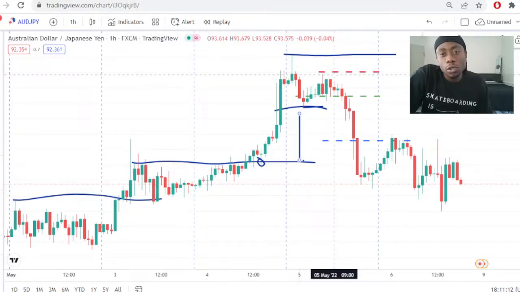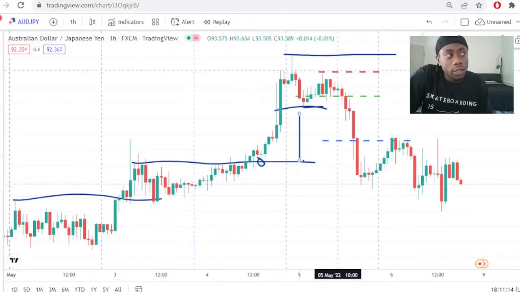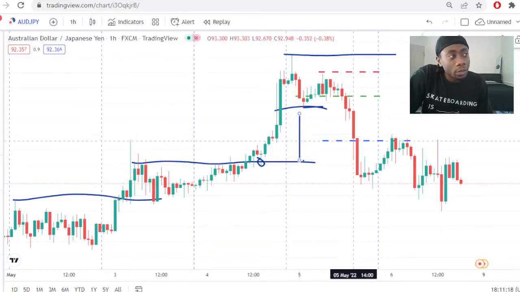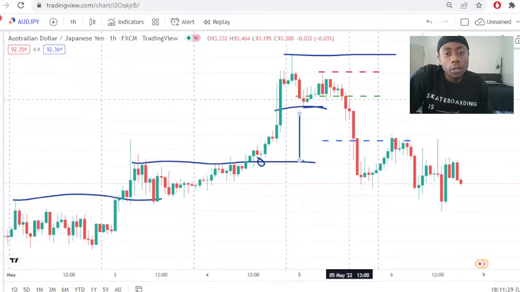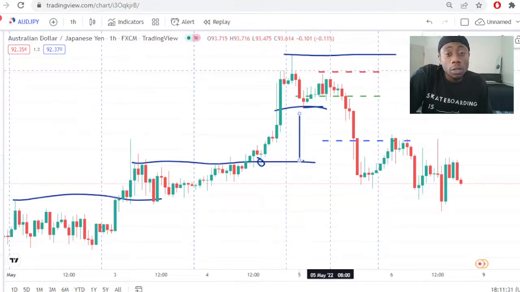I was able to take my short off of that with a relatively tight stop, with a risk reward ratio well within range, and was able to get out within just a couple hours. We had maybe 5 or 6 hours before this trade came to completion. So that was pretty much it.